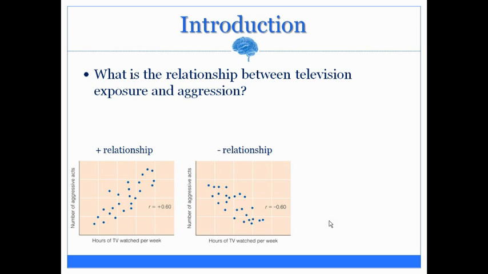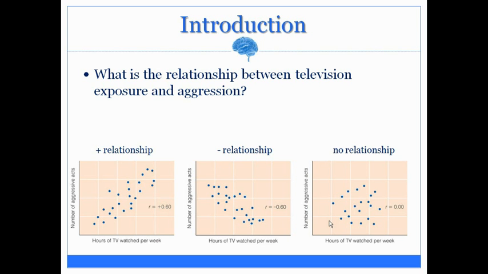You could have a negative correlation, as one factor increases, such as the amount of TV watched per week increases, the number of aggressive acts decreases. Or you could have no relationship at all, whereas one increases, the other doesn't do anything. It just stays about the same.